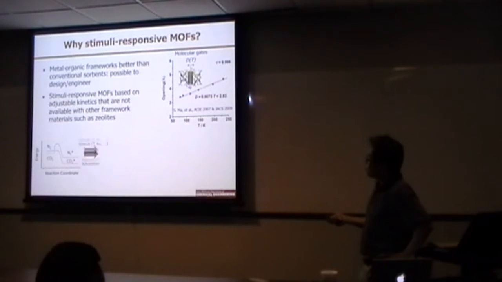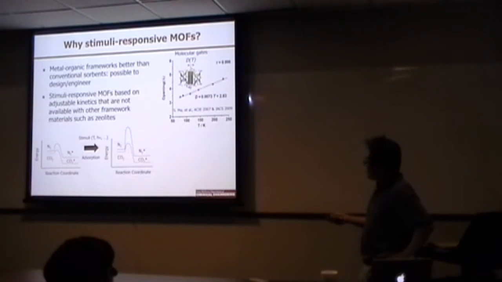Now imagine if you apply stimuli, and by applying stimuli, you can increase the activation barrier for nitrogen a lot greater than for CO2. Then nitrogen cannot go over this activation barrier to be adsorbed on the surface as compared to CO2. Obviously, CO2 also has a slight increase in activation barrier, but not as much.